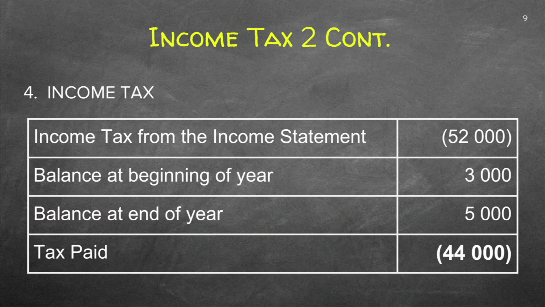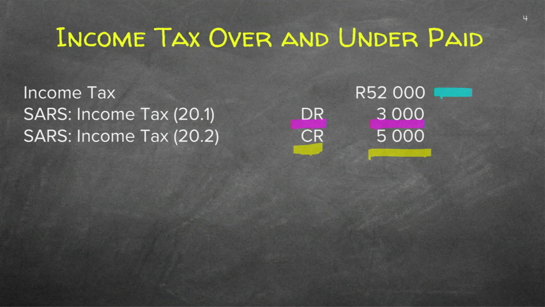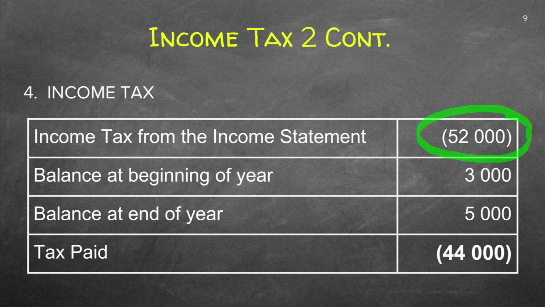Here I've got income tax from the income statement, which was 52,000 Rand. And if you go back a couple of slides, can you see that there is my income tax for 52,000 Rand? Balance at the beginning of the year, 3,000 Rand. Now, why is this 3,000 Rand not in brackets?